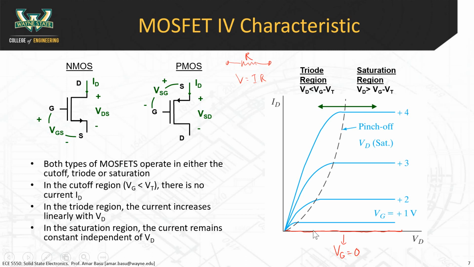As you increase the drain to source voltage, VDS, the current goes up like this in the triode region, and when you get to the saturation region, the current flatlines like this. That means even if you change VDS, the current doesn't change, which is kind of interesting.